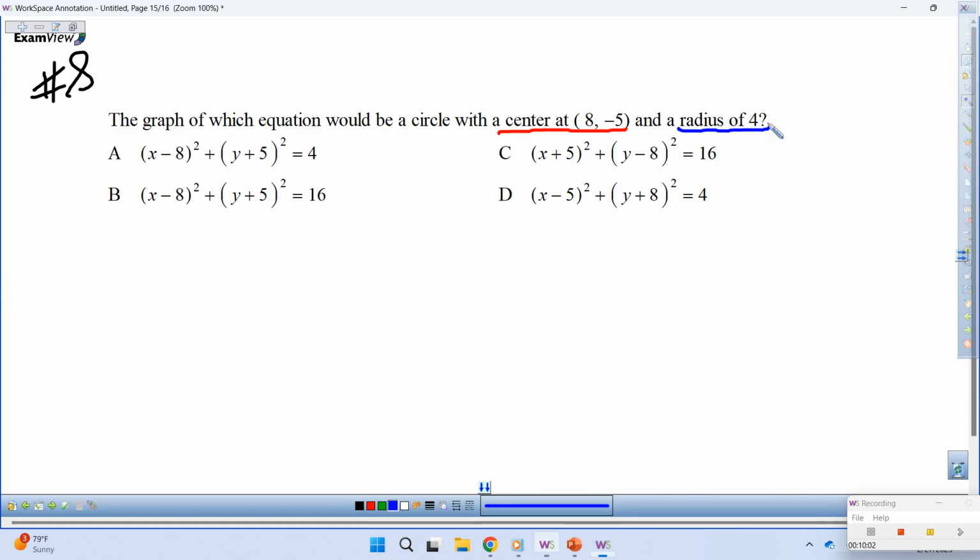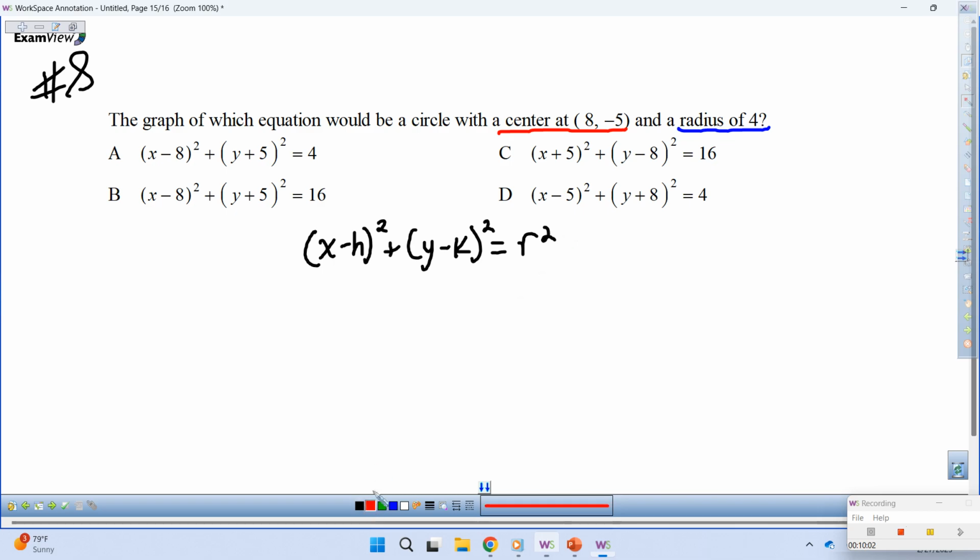All right, to write our equation, we need our standard form equation for the circle. So in the center of your paper, or underneath where you wrote that, let's write (x - h)² + (y - k)² = r².